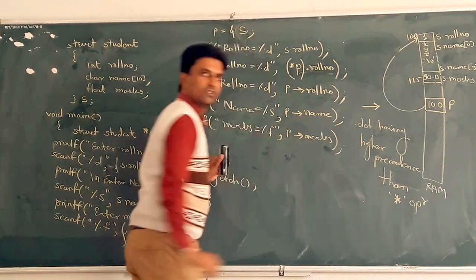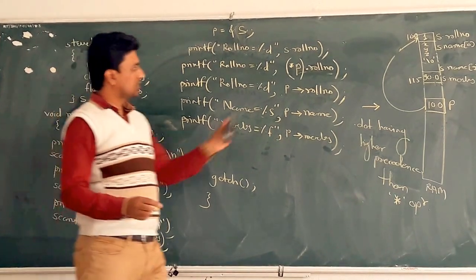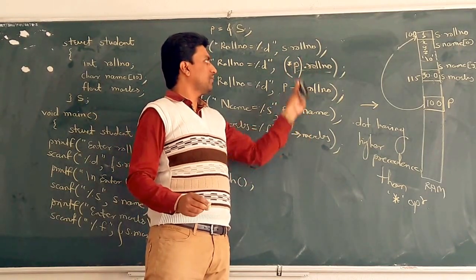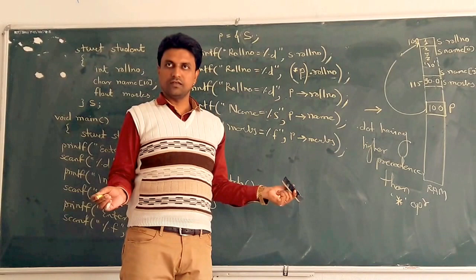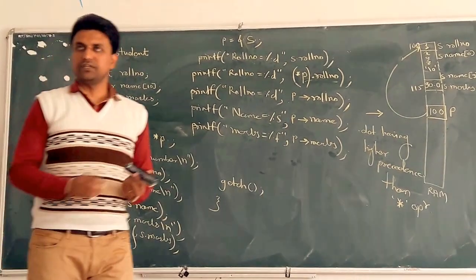Don't use space. Okay, clear? Or simply you can write parenthesis pointer P dot name, parenthesis pointer P dot marks. It is also working. Last is getch, curly bracket complete.